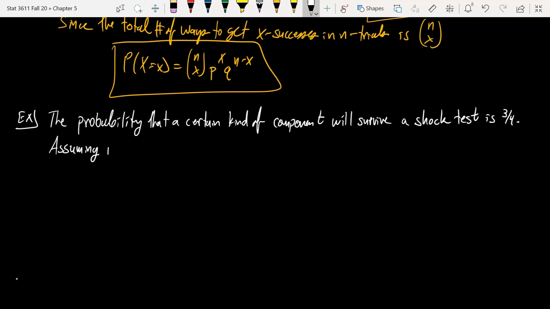Assuming independence, find the probability that exactly 2 of the next 4 tested survive.